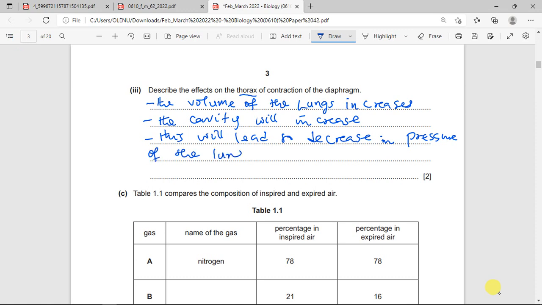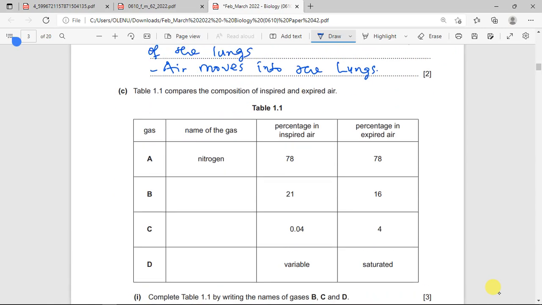Decrease in pressure of the lungs. So what will now happen is that air will now move into the lungs. That's all.